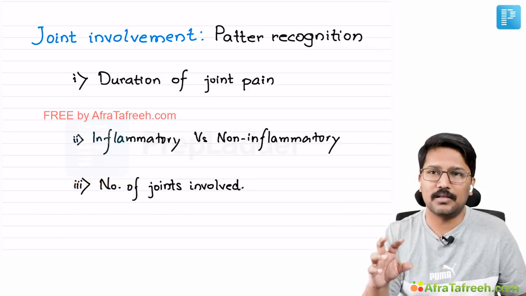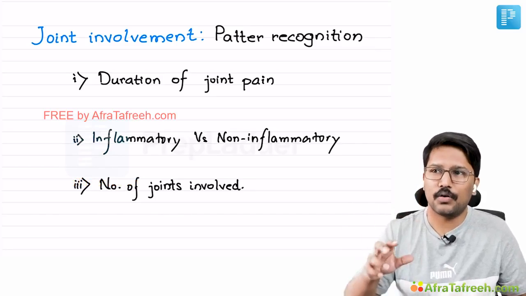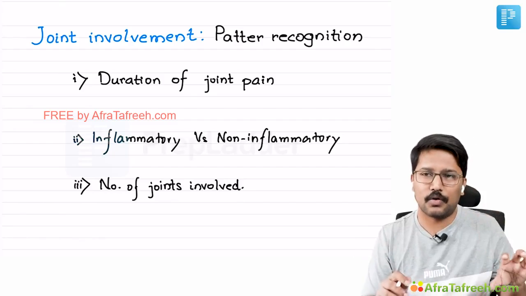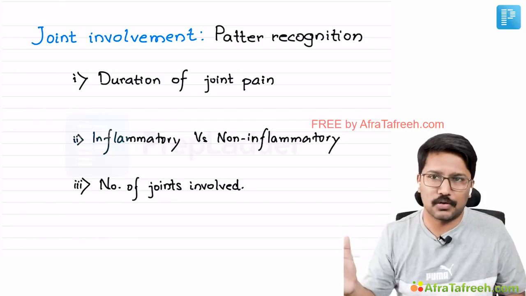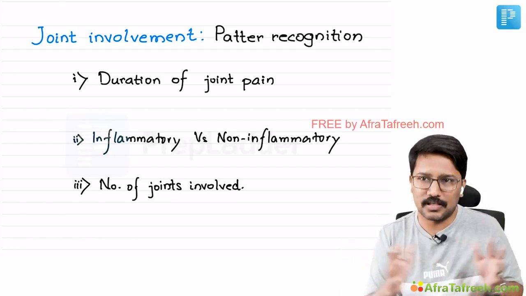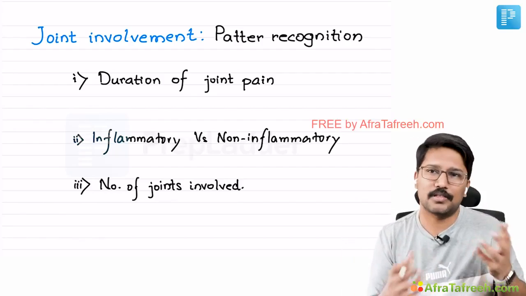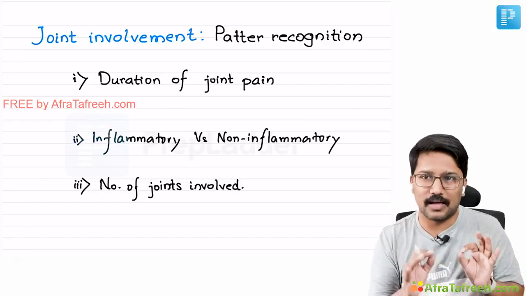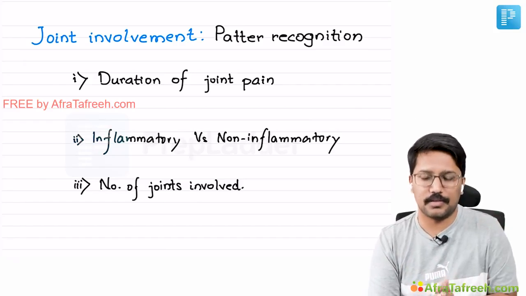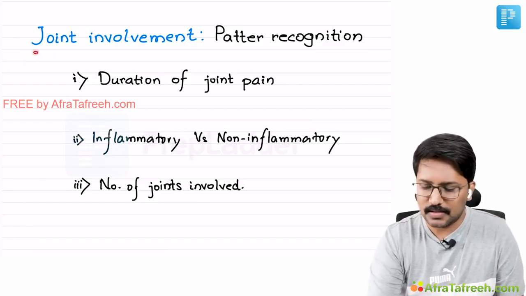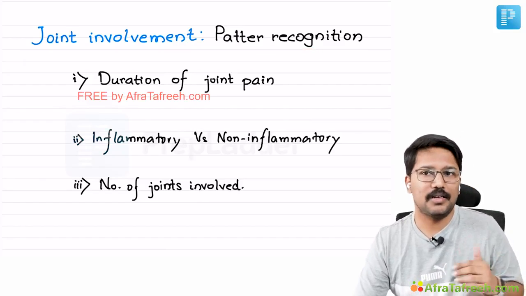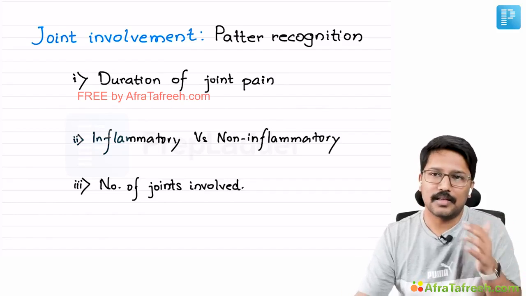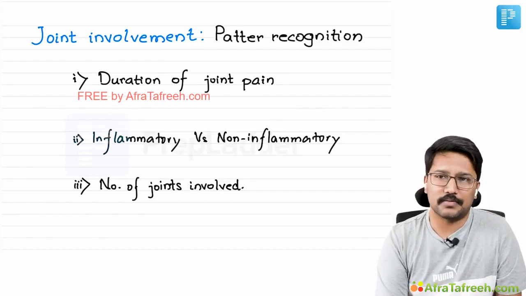So that distinction is only important when you want to differentiate between articular involvement versus pure soft tissue disorders. But otherwise, in most of the systemic rheumatological disorders, both articular as well as extra-articular structures are involved. Once you know that this is a proper arthritic condition and not mere arthralgia, then comes the question of pattern recognition, right?